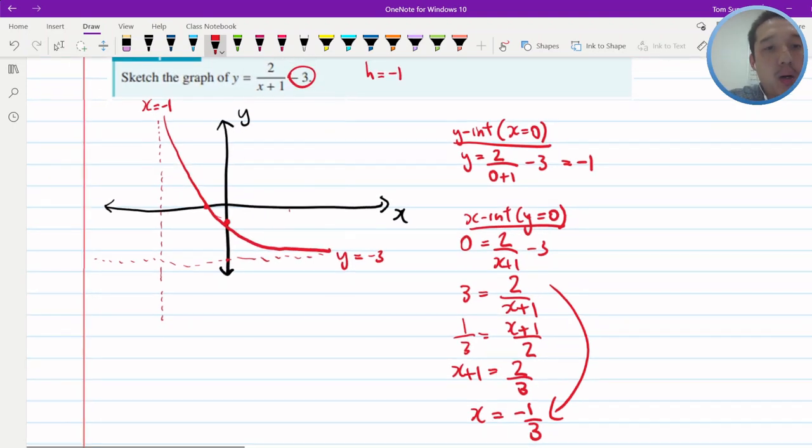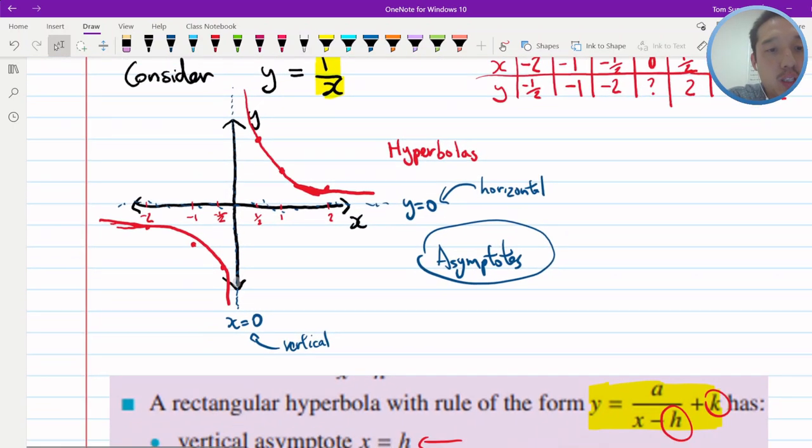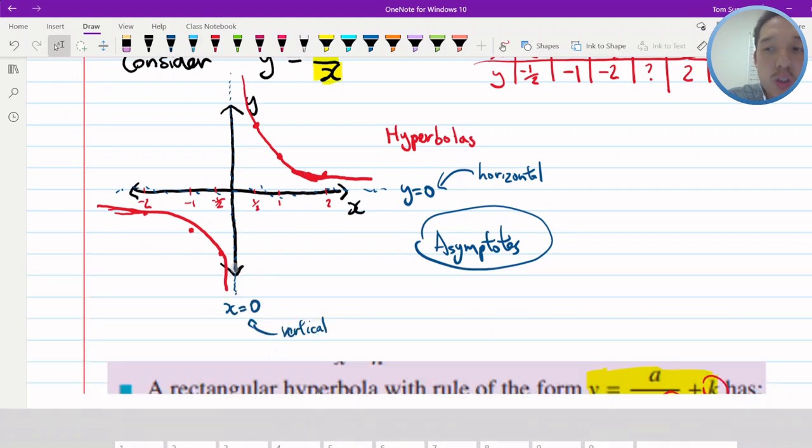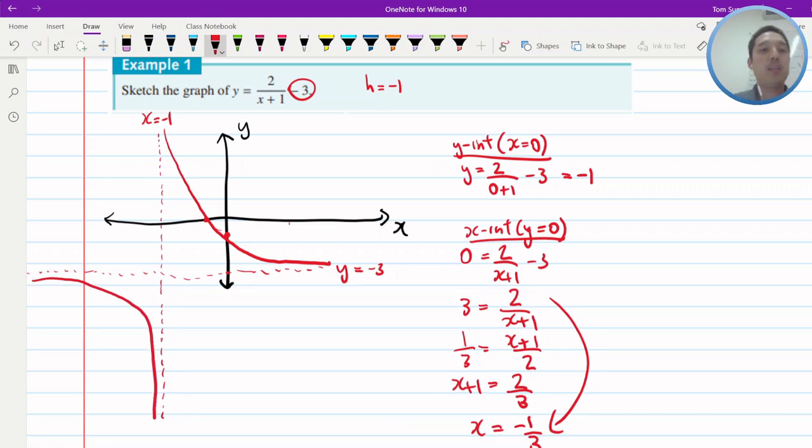A good thing about hyperbolas is that they're symmetrical, so if you can draw one branch, you can draw the other straight away. If we extend the asymptotes, we can see what that would look like. Here is what it would look like. And there you go, we have our graph.